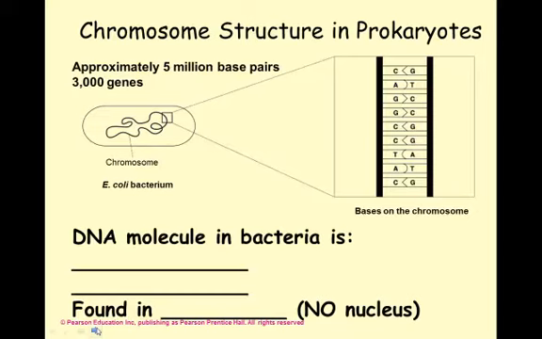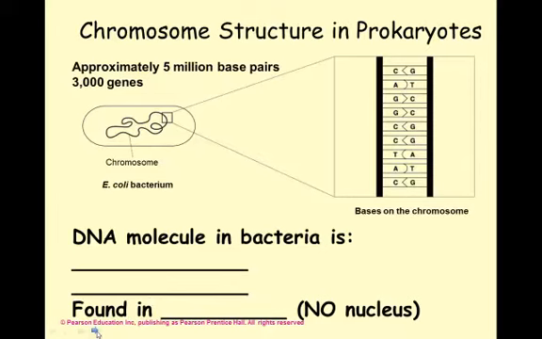If you think back to what we learned about DNA in our mitosis chapter and in our cell parts chapter, we talked about how DNA in a prokaryote is different than DNA in a eukaryote. Remember when we colored our cell parts, we did a plant cell, an animal cell, and a bacterial cell. We talked about the DNA found in a bacterial cell.